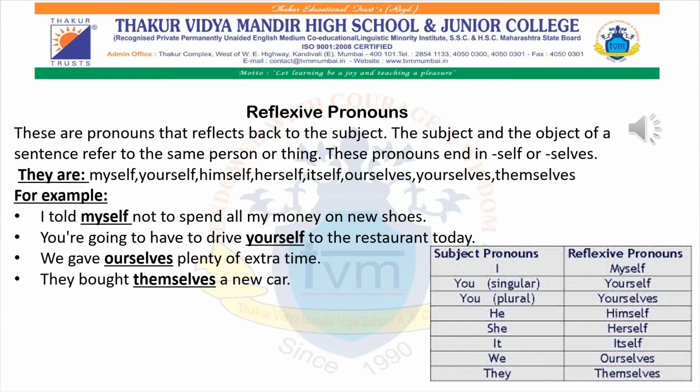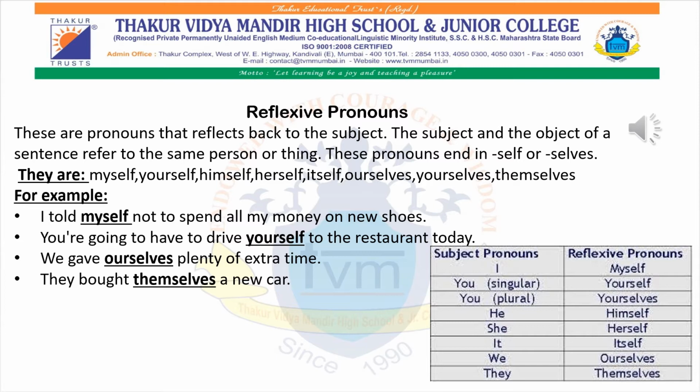For example, I told myself not to spend all my money on new shoes. So when we get this sentence, we know that myself is there. If myself, yourself, himself, herself, or any of these words are in a sentence, then that sentence has a reflexive pronoun.